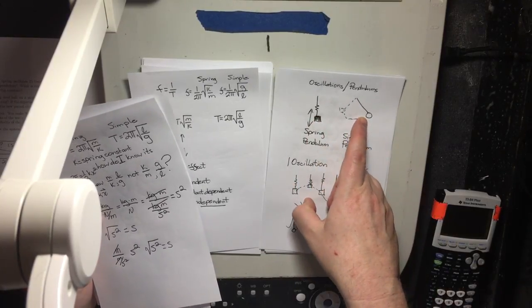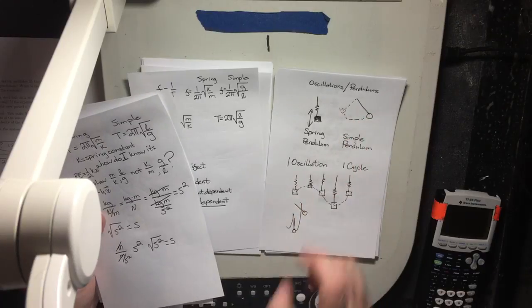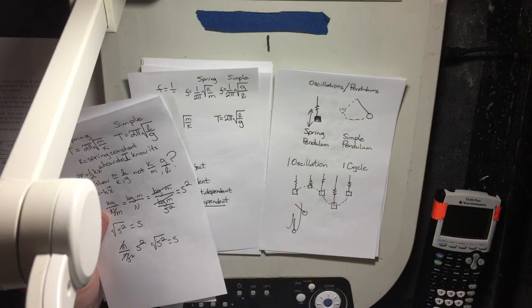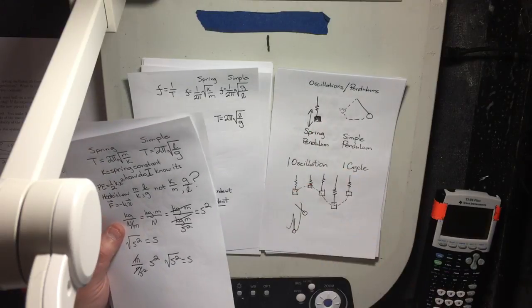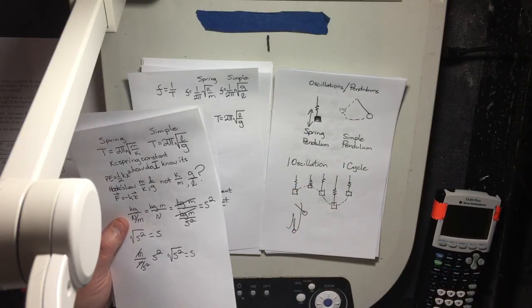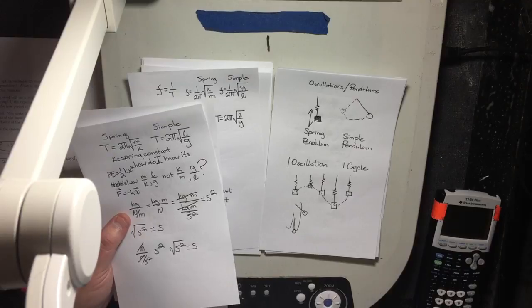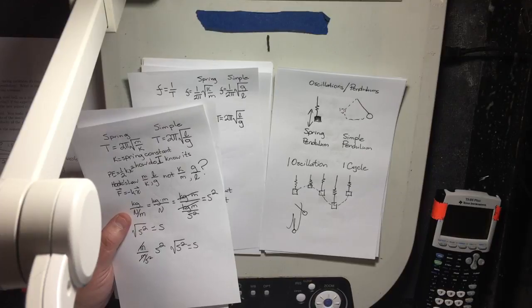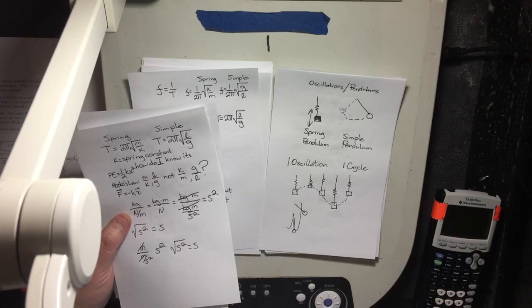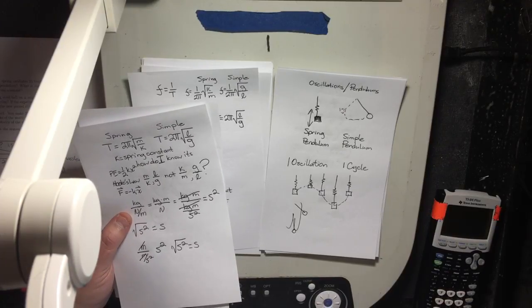Simple pendulums go from side to side. Had you pulled that thing to the side and let go, that spring pendulum would want to contract and expand, but it's being held to the side, so it's going to do both a simple pendulum motion and a spring pendulum motion at the same time.